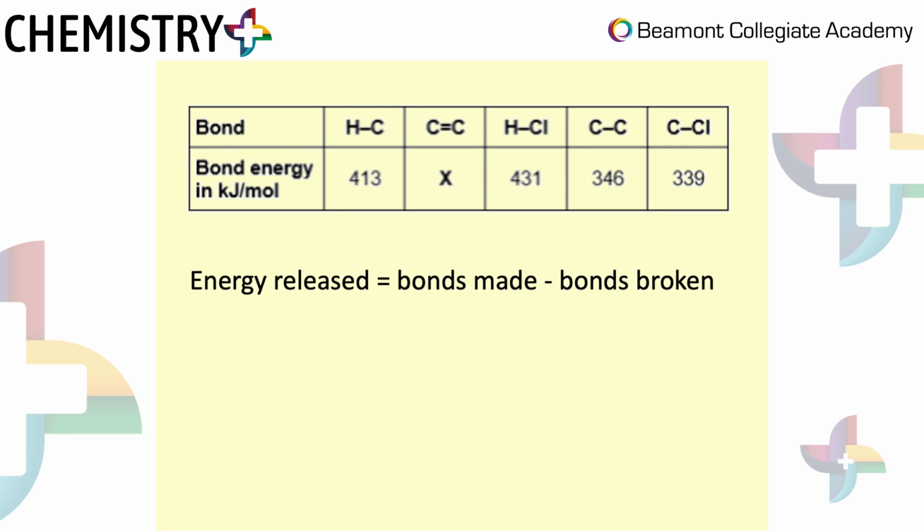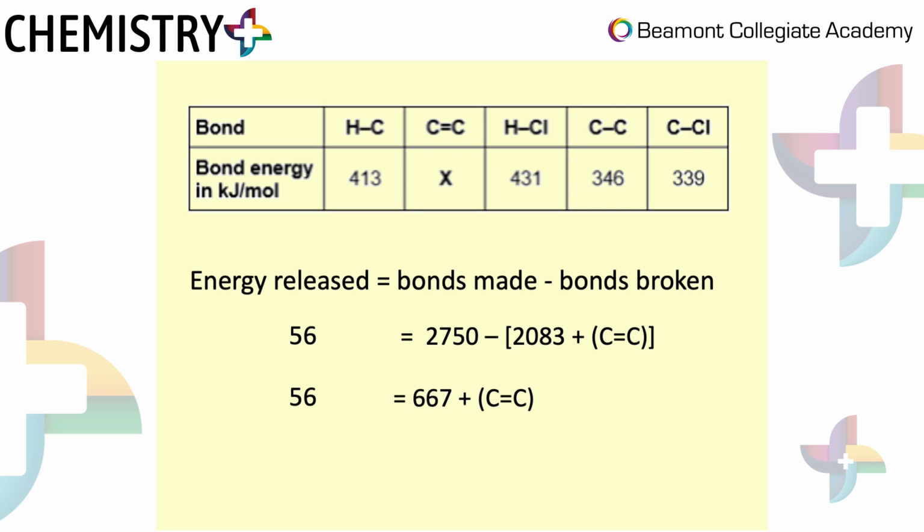So we now put the data into this equation. Energy released equals bonds made minus bonds broken. The energy released, according to the question, was 56 kJ per mole. Bonds made were 2,750, and we need to subtract the bonds broken from that. That is 2,083 plus the unknown.